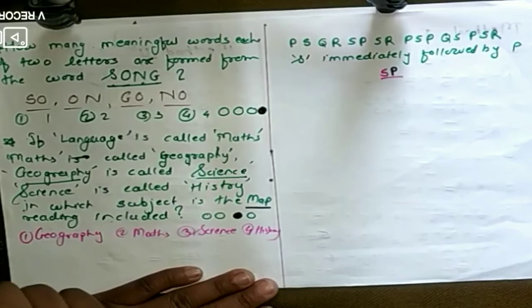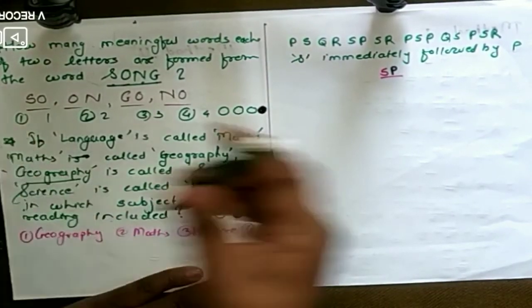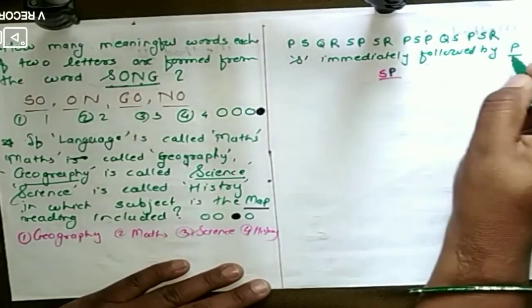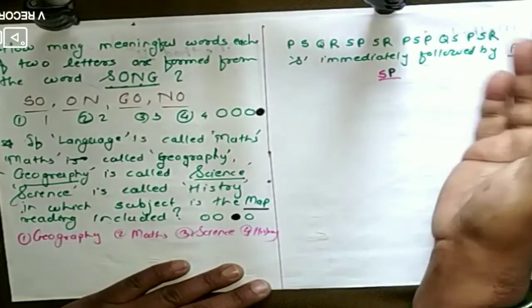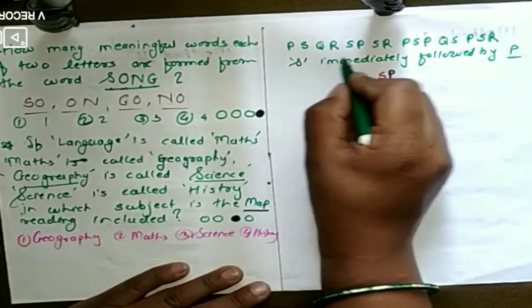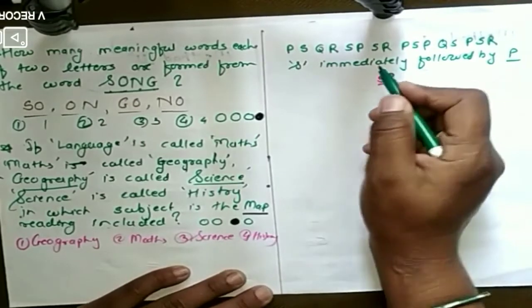Followed by means we take P and write S on its back side. So we have to find out SP in this series. How many times did SP come here?